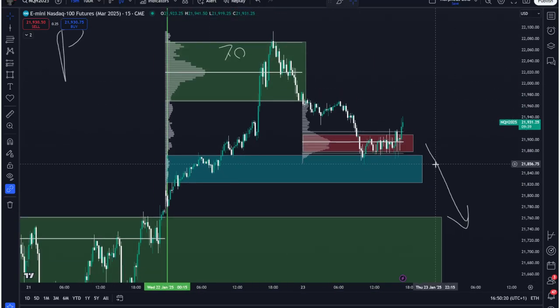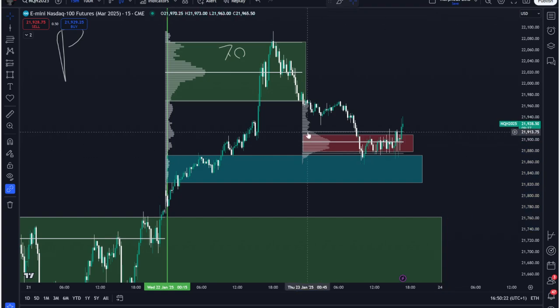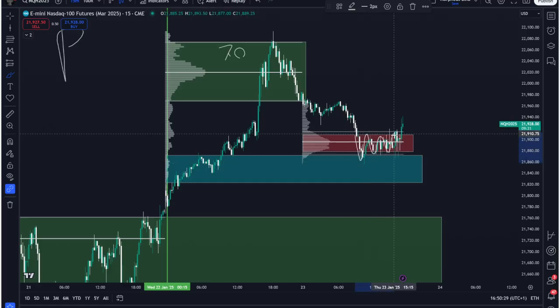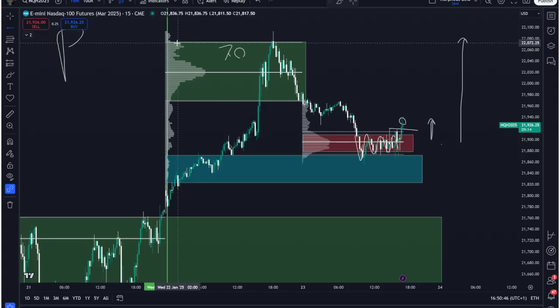Now, what can happen here? The market is balancing. We have a really balanced profile here, okay? But now we are seeing some kind of aggression. So market participants are getting aggressive on the buy side. And what can happen here is that we have a follow-up going to the value area high here.